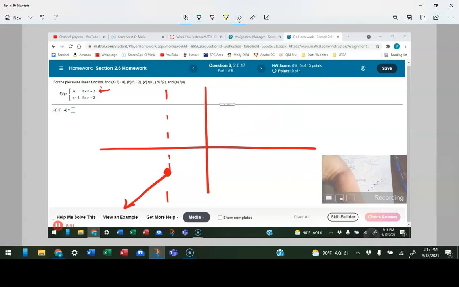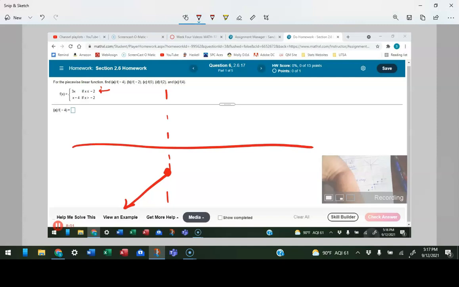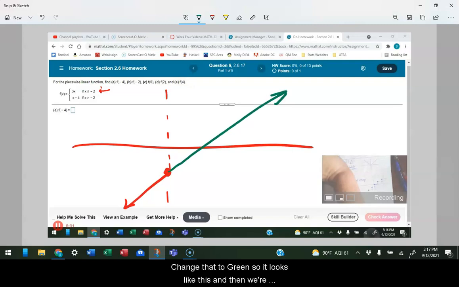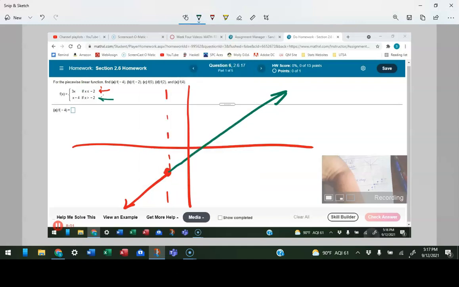Oh my goodness, I just erased the whole thing. Okay. So it goes like this, and then we're going to change this to green so it looks like this, and then we're going to put our vertical axis right here. Okay, so that's what this thing looks like. That was exciting, which means this is the green one.